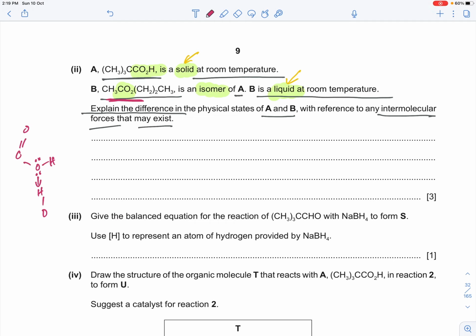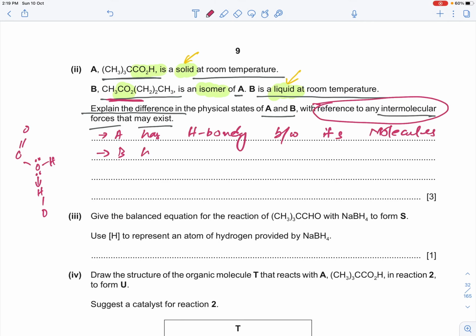So first of all, we would write that, because we have to explain the difference with reference to intermolecular forces, A has hydrogen bonds between its molecules. Hydrogen bonding is the primary type of intermolecular force present in A, and B has permanent dipoles and temporary dipoles, right?